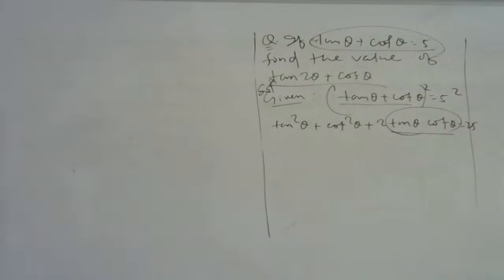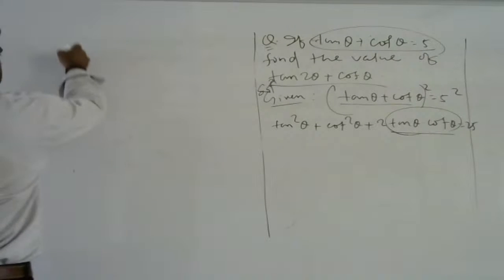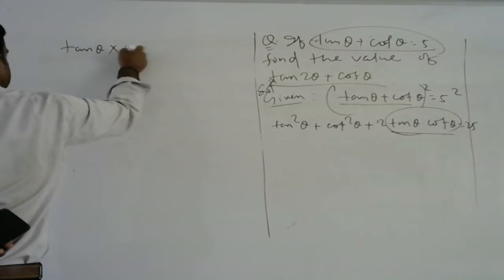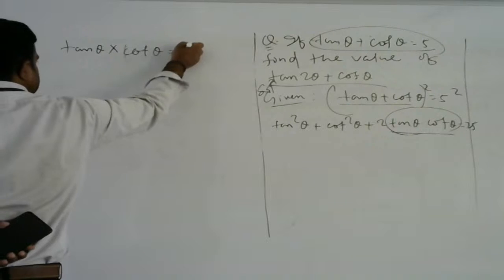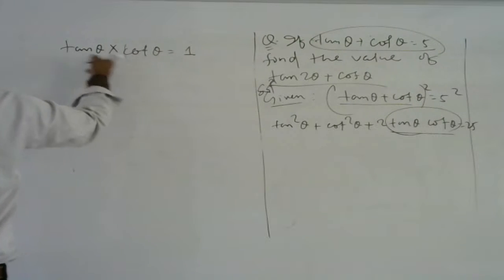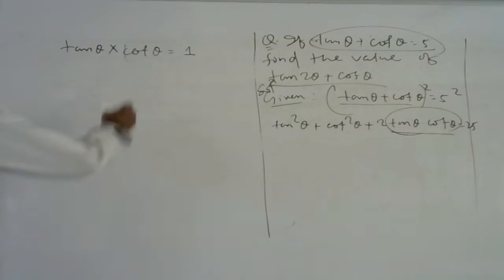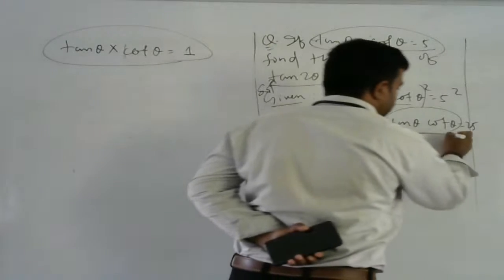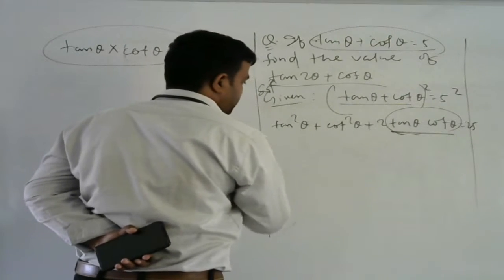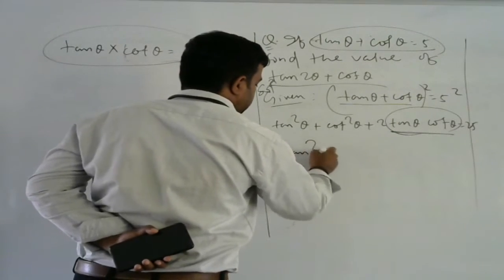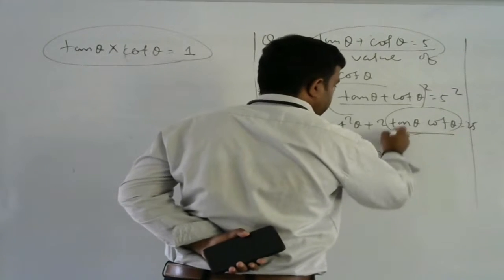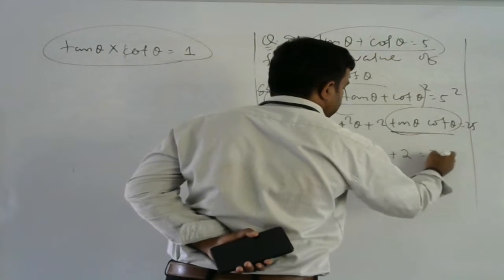So tan theta multiplied by cot theta is 1, because 1 upon tan theta is cot theta. So this is one relationship between tan theta and cot theta. So here tan theta times cot theta becomes 1, and you can write tan square theta plus cot square theta plus 2 equals 25.